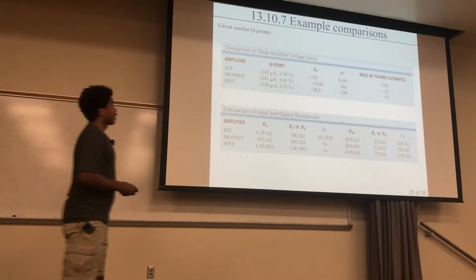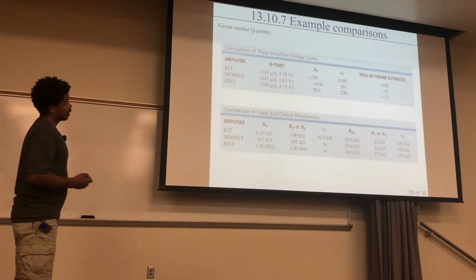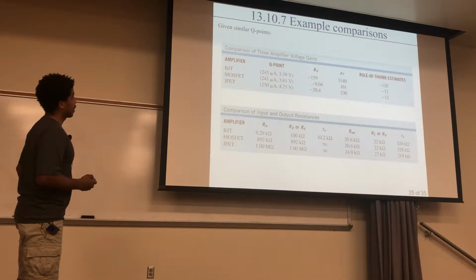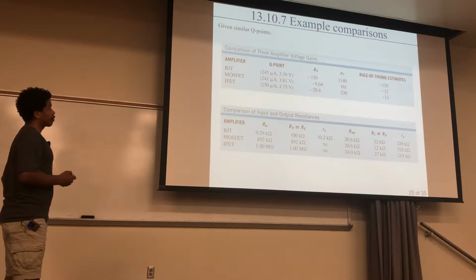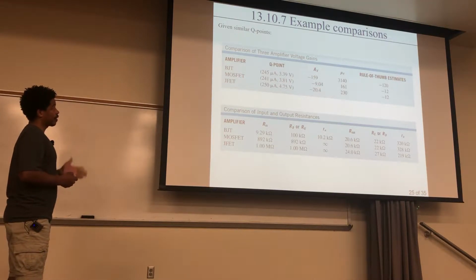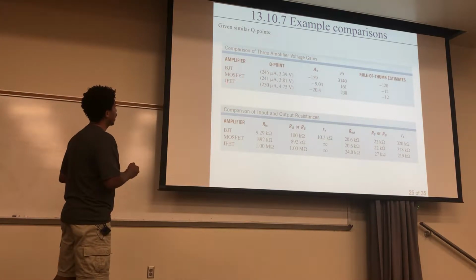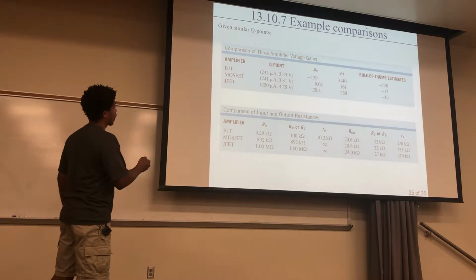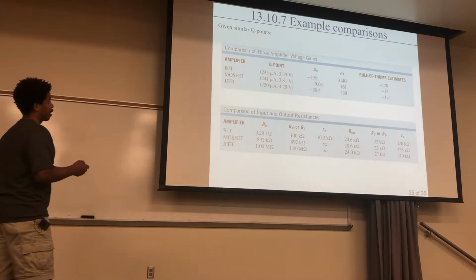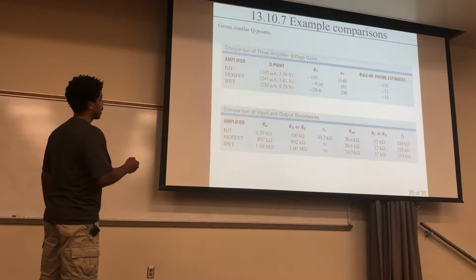Okay, so let's look at some example comparisons between these types of things. Let's just say you have very similar Q point values for the BJT, the MOSFET, and the JFET. They're pretty much the same in terms of currents and voltages.